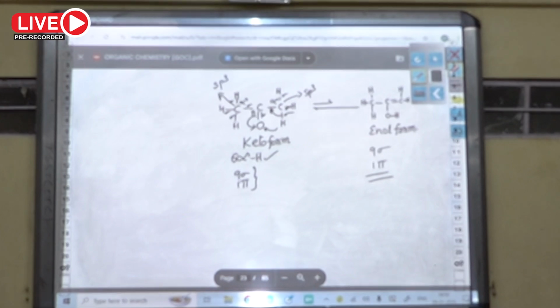The next point is why the keto form is more stable than the enol form.